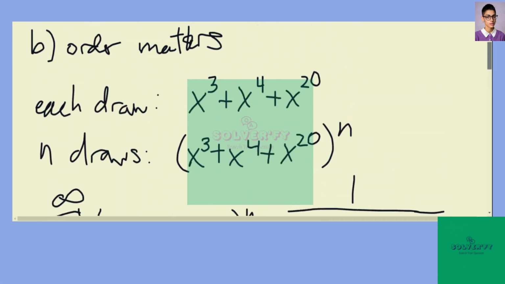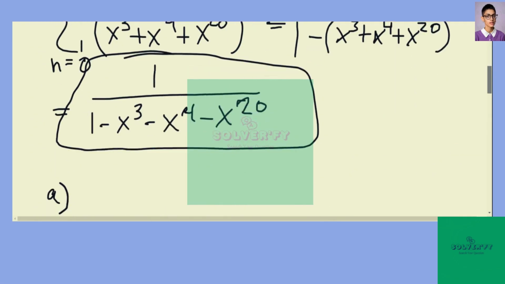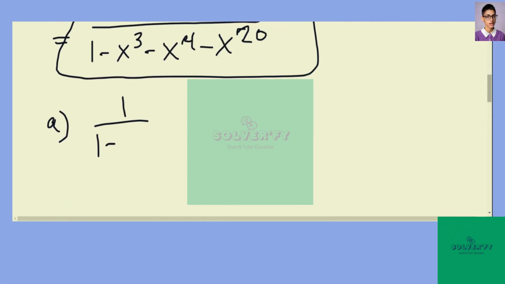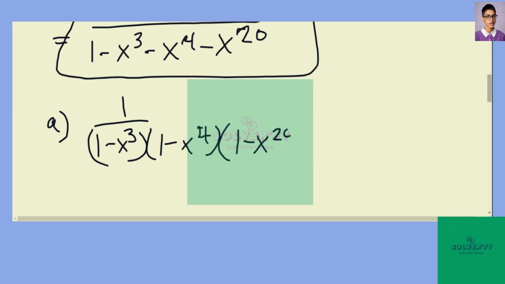our generating function, 1 over 1 minus x cubed times 1 minus x to the fourth times 1 minus x to the 20th.